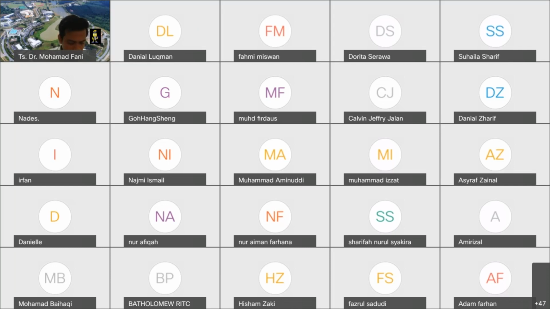Muhammad Syafiq bin Muhammad Afizuddin. Muhammad Syafiq Ruslan. Tak ada. Okay. Muhammad Syahmi Adli. Ada doktor. Muhammad Syed Muhammad Syahrun. Ada doktor.